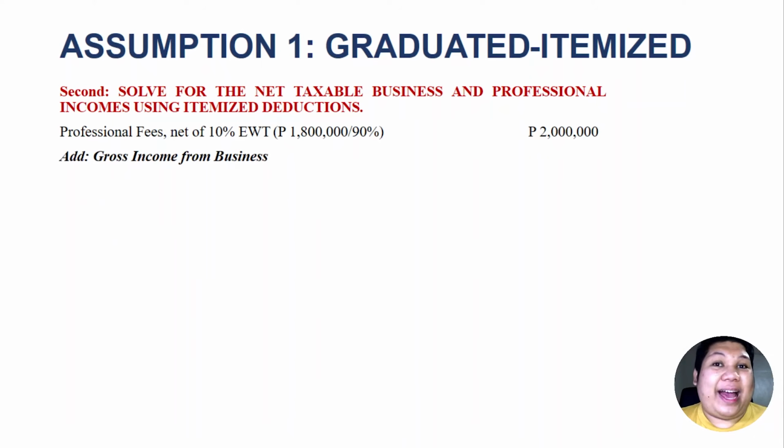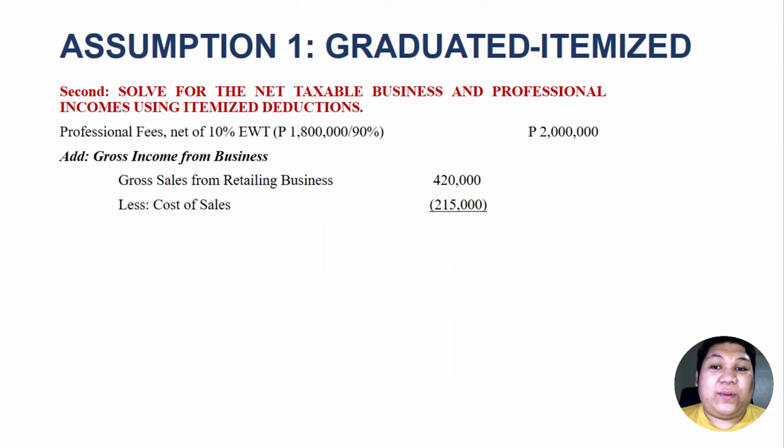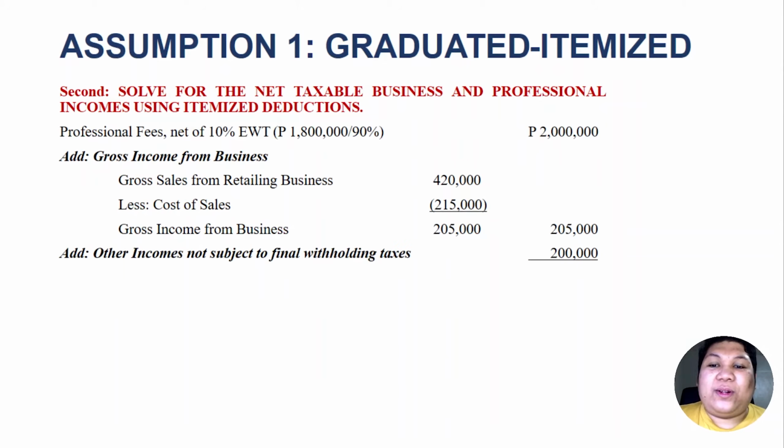And we will add the gross income from business. So we have here gross sales from retailing business, that is 420,000. And we will deduct the cost of sale, which is 215,000, to get the gross income from business. So the gross income from business is actually 205,000 pesos. And we will also add the other incomes not subject to final withholding taxes of 200,000 pesos.